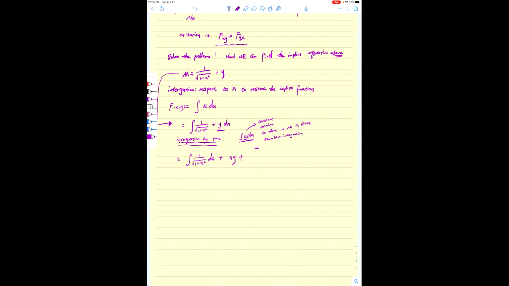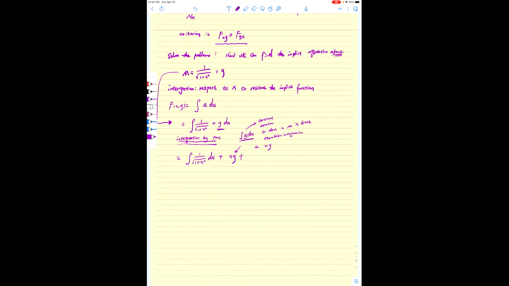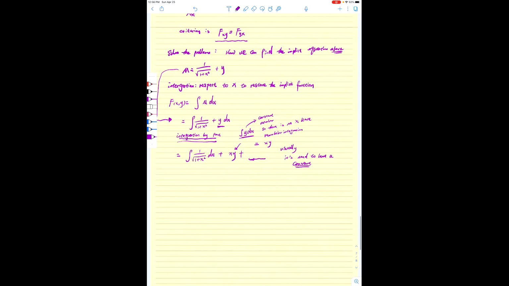Then we will get xy, right? But usually if we do integration, it needs to have a constant. But how could we construct a constant here?